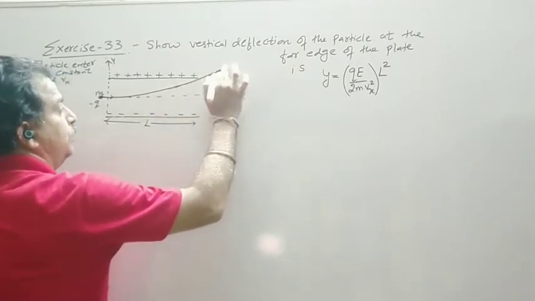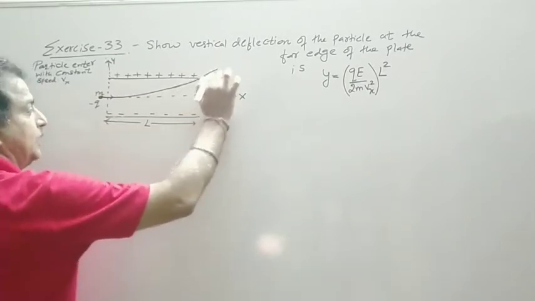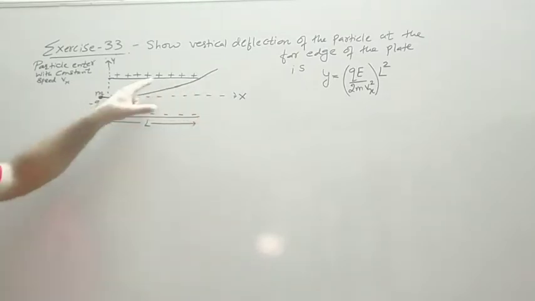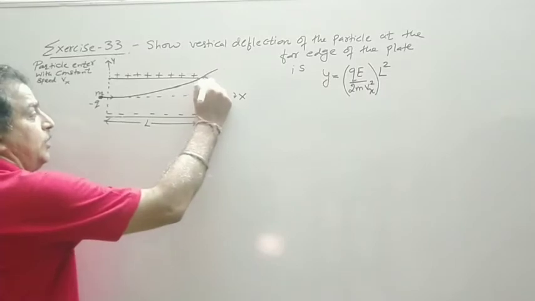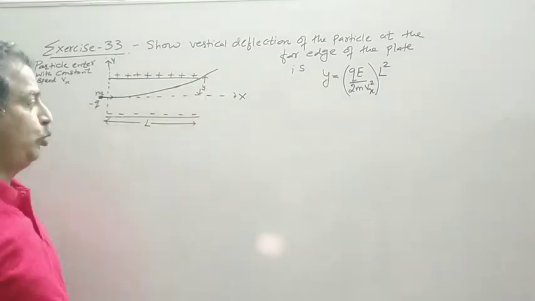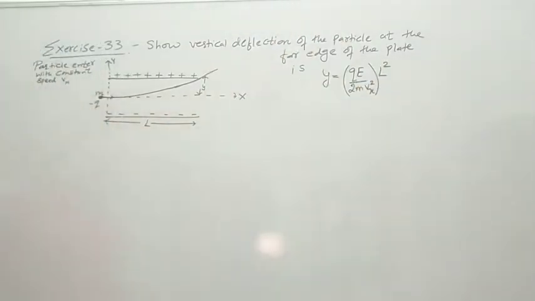Now we assume that it comes out at the end point. It is not necessary that it always comes out at that point. It may strike anywhere on this plate. Now let this deflection be denoted by y. So we have to prove that this y is equal to this.